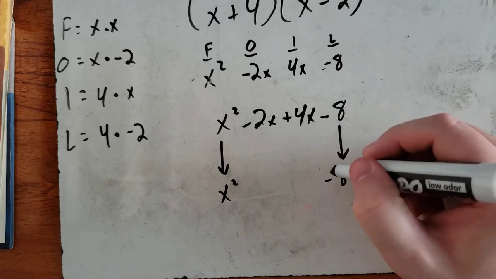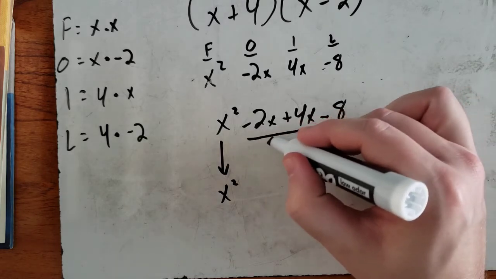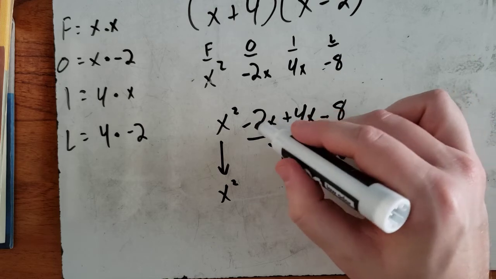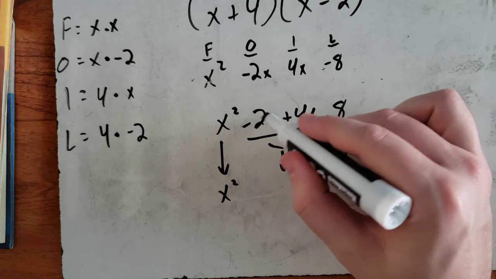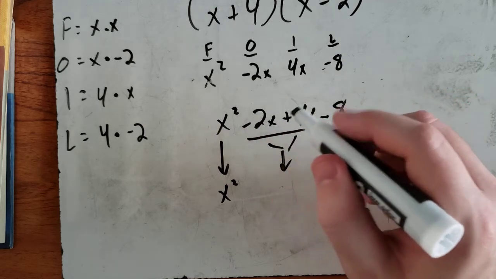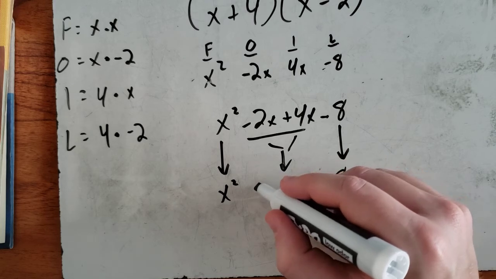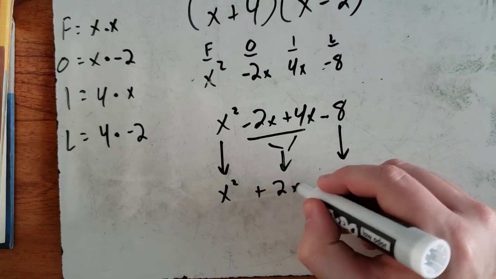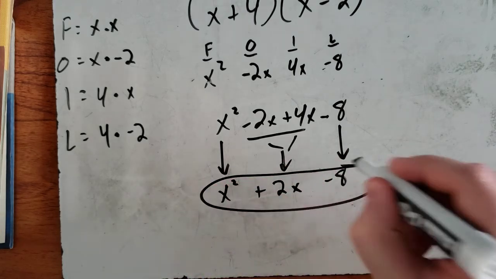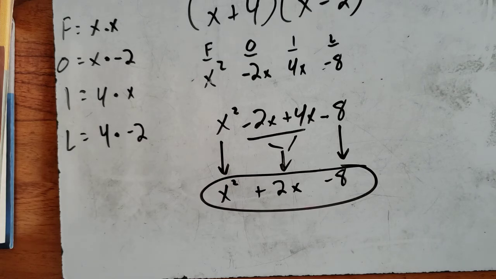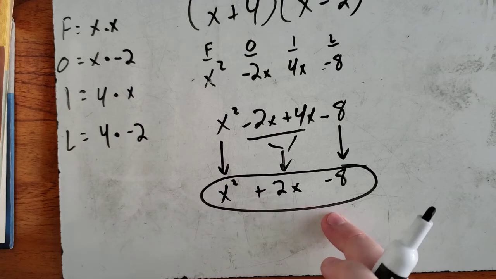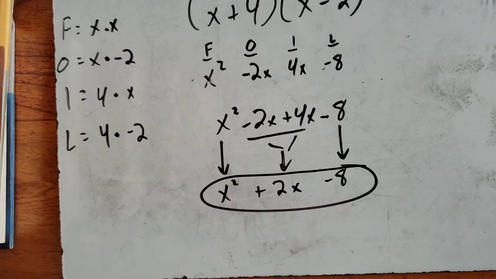And then our middle terms get added up. We have a negative 2x plus a 4x. So negative 2 plus 4 would be a positive 2x. Okay, and that's our final answer: x squared plus 2x minus 8. And that's final.